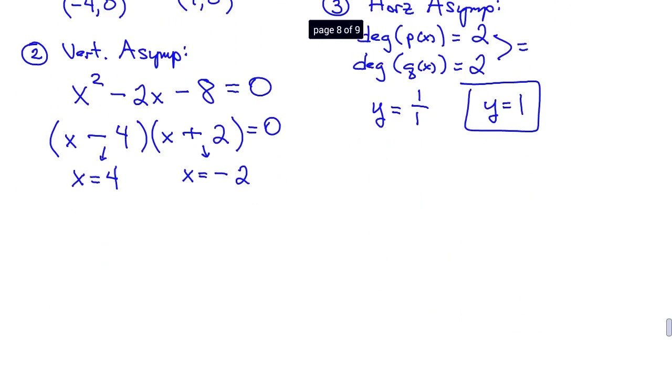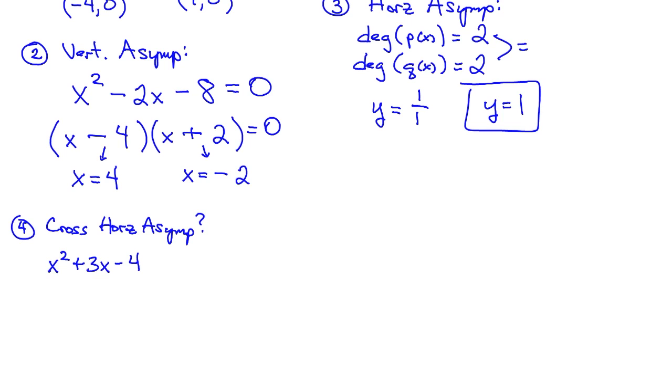Next, we need to determine if this graph actually crosses its horizontal asymptote. To do that, take the rational function itself and set it equal to the numerical value of the horizontal asymptote, 1. Solve this equation by cross multiplying.